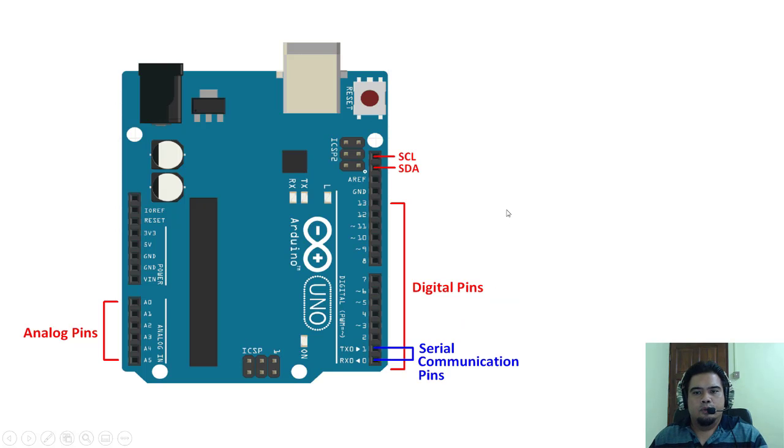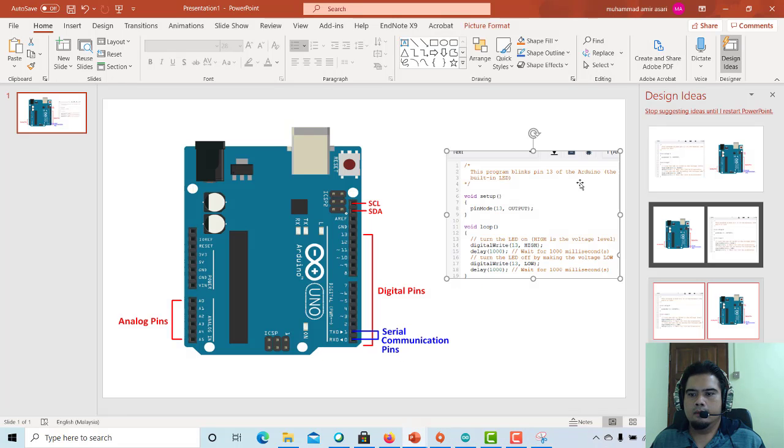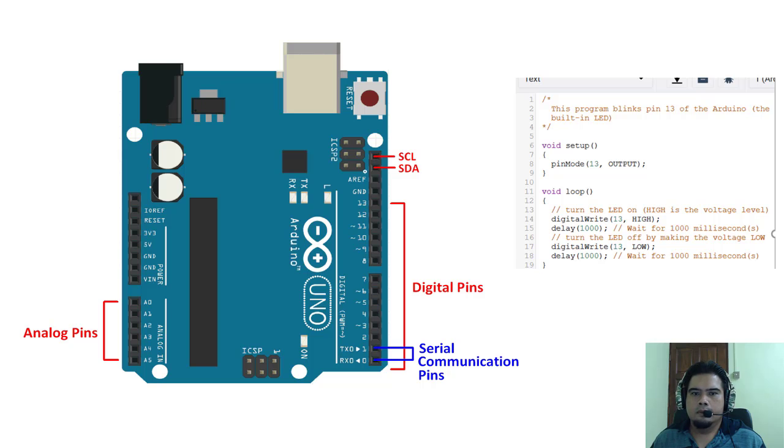So first you set pin number 13 here to become an output port. An output port will not read signals from the outside, but it will generate a signal to be sent to the outside. That's the purpose of an output port.